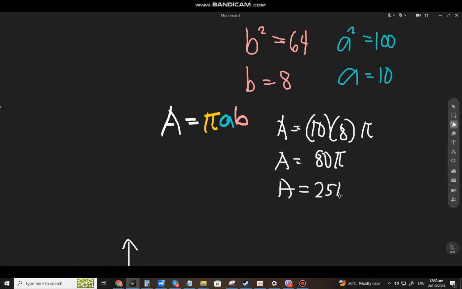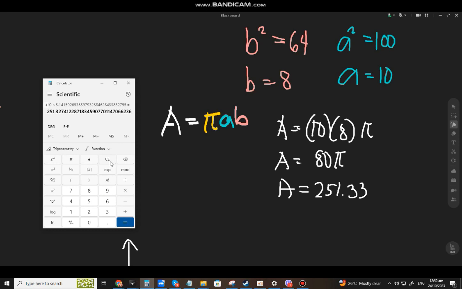And there are no units, so this is already good. Again, your teacher may say you can use 3.14. So 80 times 3.14 is 251.2. It depends on your teacher what value to assign for the pi.